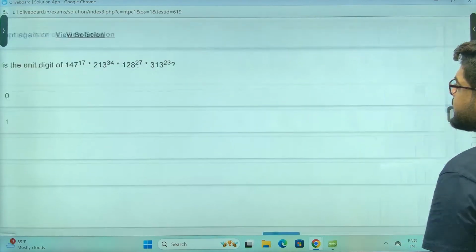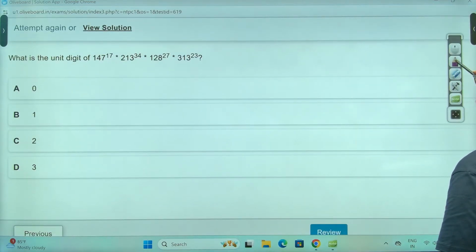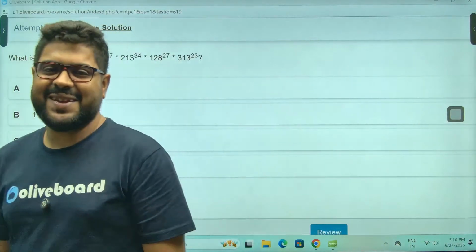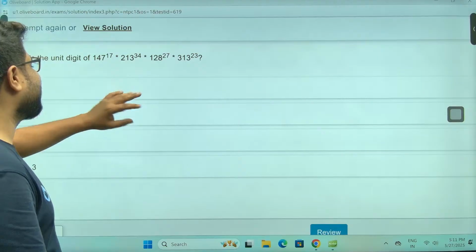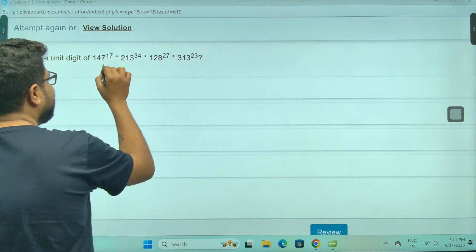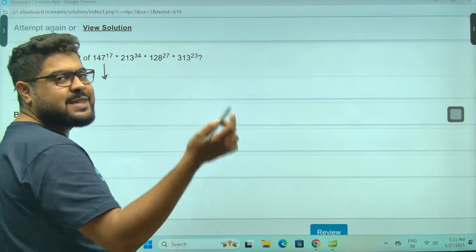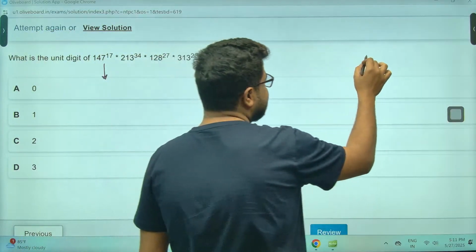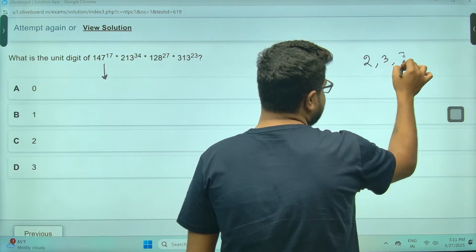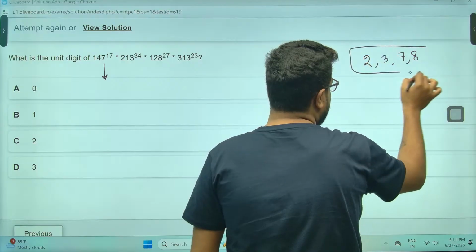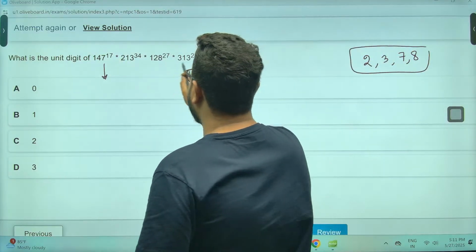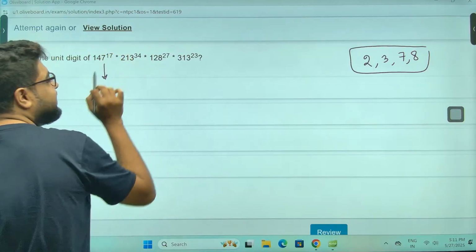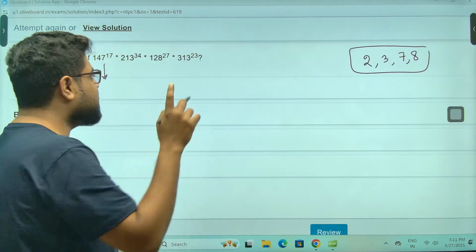Unit digits, cyclicity question. All the numbers don't have any shortcuts. 17 means cyclicity is 4. There are 4 numbers that have maximum cyclicity: 2, 3, 7, 8. So 17 means cyclicity 4, so remainder is 1.